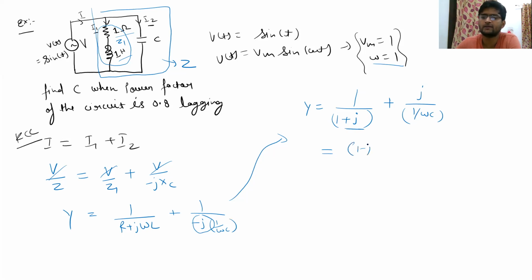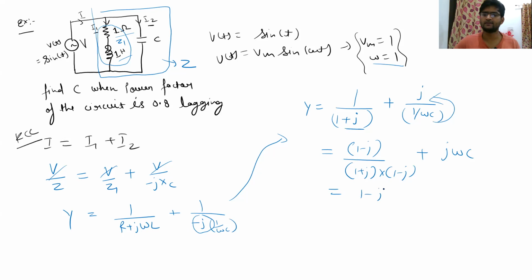We will get 1 minus j upon 1 plus j into 1 minus j, plus this will be j omega c. So omega c will go to the numerator, it will become j omega c. The multiplication of 1 plus j and 1 minus j will give you 1 plus 1, which is 2. So we will get 1 minus j upon 2 plus j omega c.